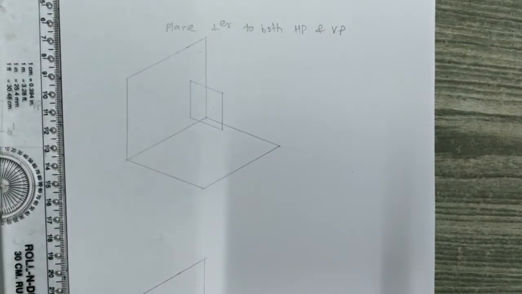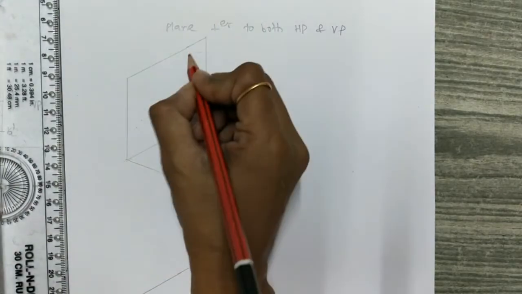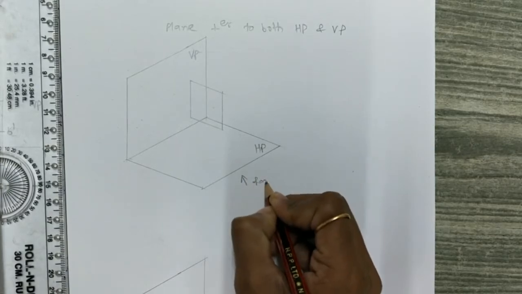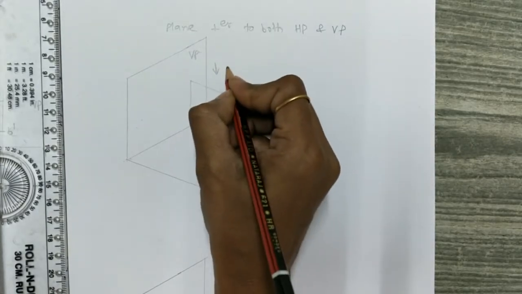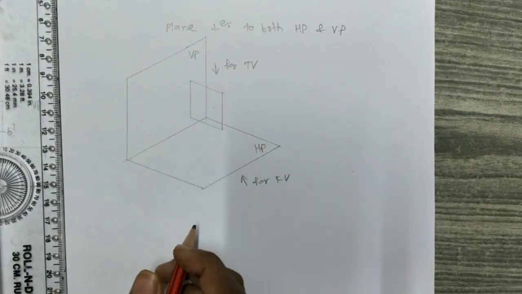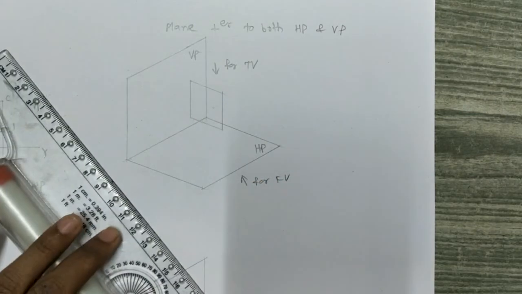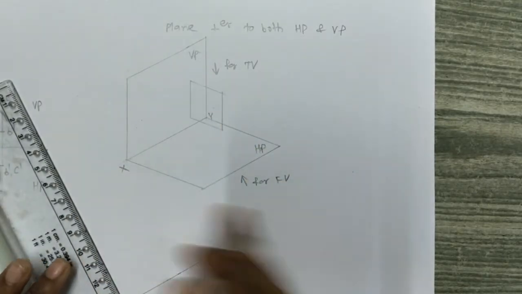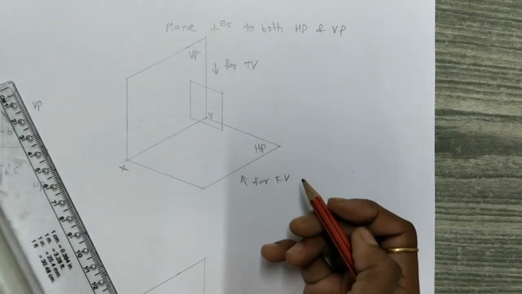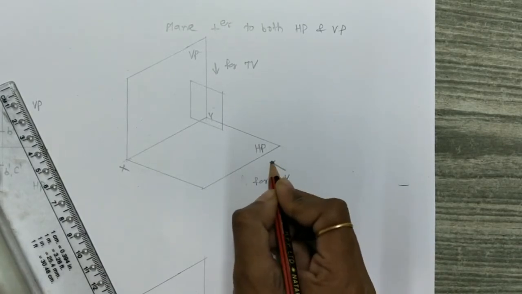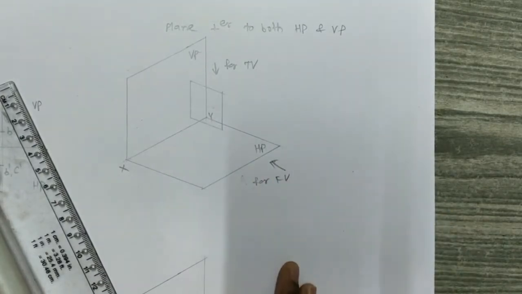So this is the plane which is perpendicular to both. Give name VP, HP. So this is the direction for front view and this is the direction for top view. Give name X and Y.